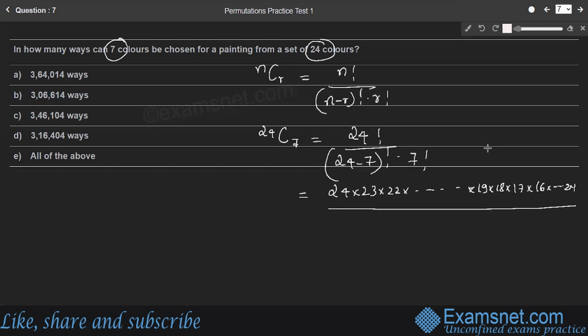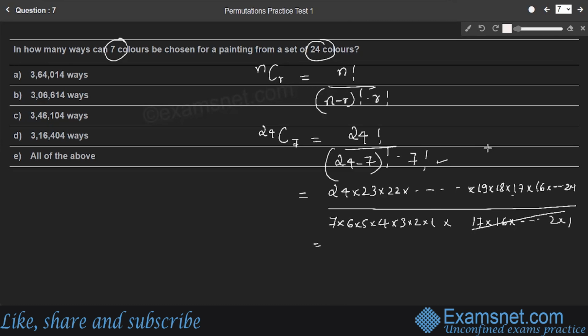7 factorial. This term is 7 into 6 into 5 into 4 into 3 into 2 into 1, into 24 minus 7 is 17 into 16 into so on up to 2 into 1. Right? So here students, we can cancel the 17 factorial part.